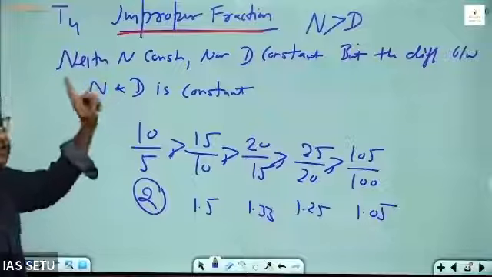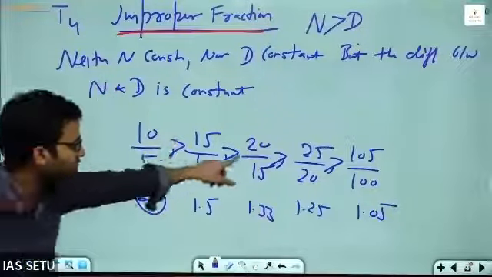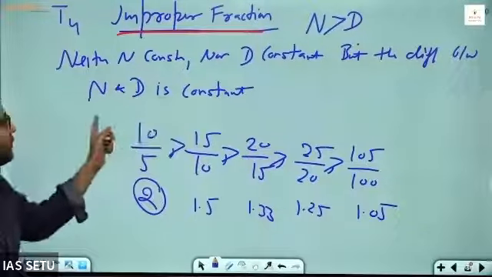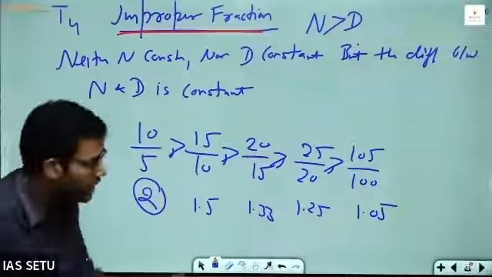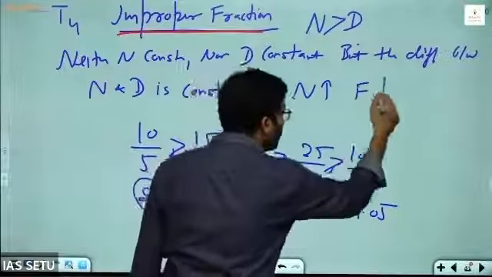So here, if it is improper fraction, neither numerator constant, nor denominator constant, but the difference between numerator and denominator is constant, difference is 5. You can say as numerator value increases, fraction value decreases.